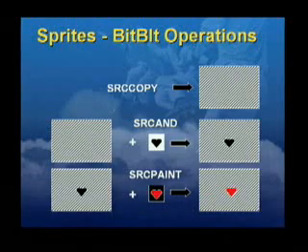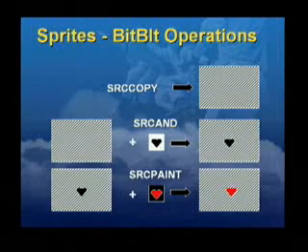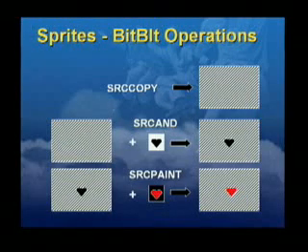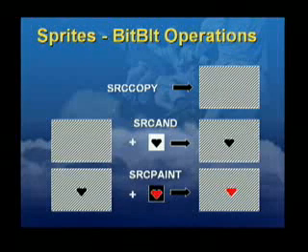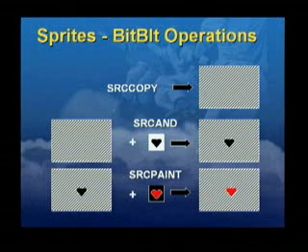All you want to do is draw the part of the sprite, and it's irregularly shaped, so you want the background, even though it's square, to show up in that area. So we black out the area where the sprite is. In this case, we have a little red heart we want to show. We do that with SRCAND, because the white part of the mask is where the background will show up, and the black part of the mask, when you AND it, goes to blackness. So what we've created is a little cutout where our sprite's going to go.